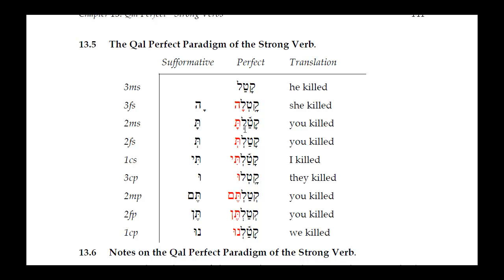Now we go down to the second person masculine singular. We have the tav and the qamets. And of course, the accent is in the middle syllable and not on the end.